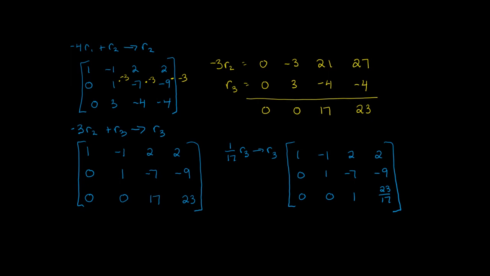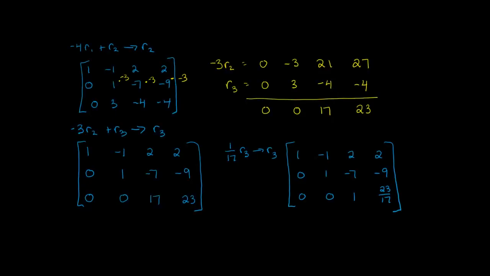So at this point, now we want to put it back into equation form because we're in row echelon form and we're doing Gaussian elimination. So we're going to put it back as an equation and then start doing back substitution. So I've got my curly brace and then I have x minus y plus 2z equals 2.